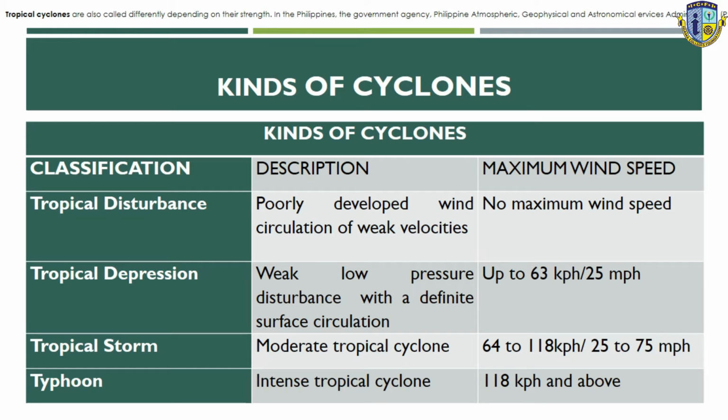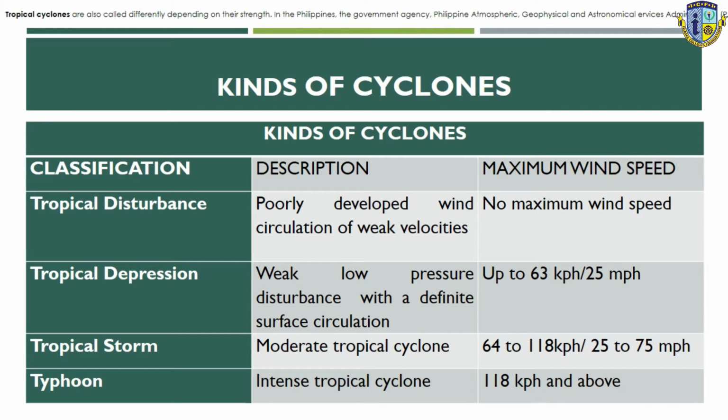Tropical cyclones are also called differently depending on their strength. In the Philippines, the government agency, Philippine Atmospheric, Geophysical and Astronomical Services Administration, or PAGASA in short, designates the following terms for these tropical cyclones.